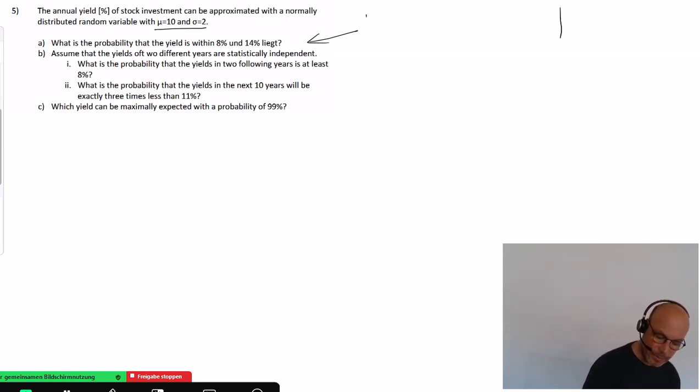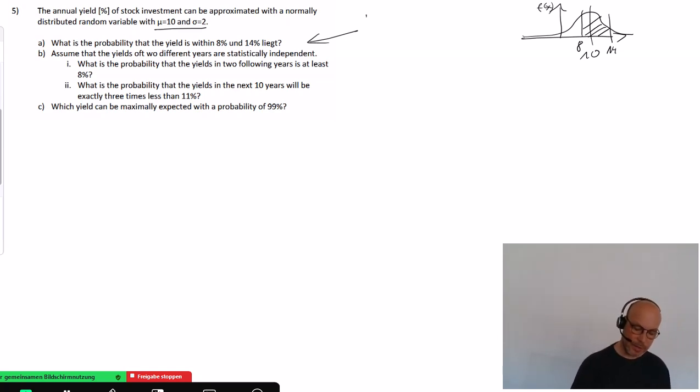We have our normal distribution, f of x, now around 10 and within 8 and 14. So we just want to have this area. So probability of 8 smaller x smaller than 14.